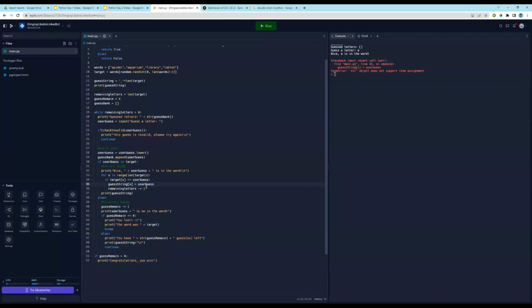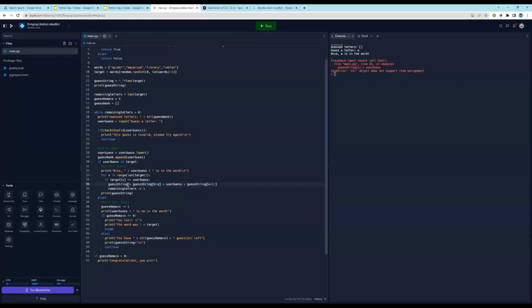For strings, you actually cannot replace it like this, so you have to do it the hard way. You have to get string equals guess string from 0 to that x index, plus the user guess, plus guess string from x plus 1 to the end.